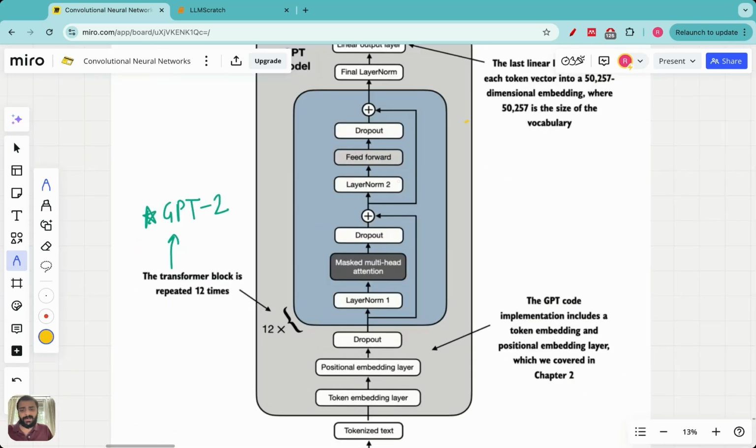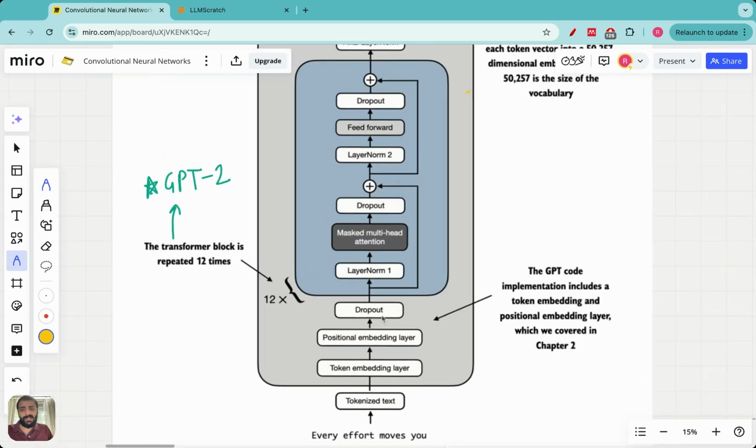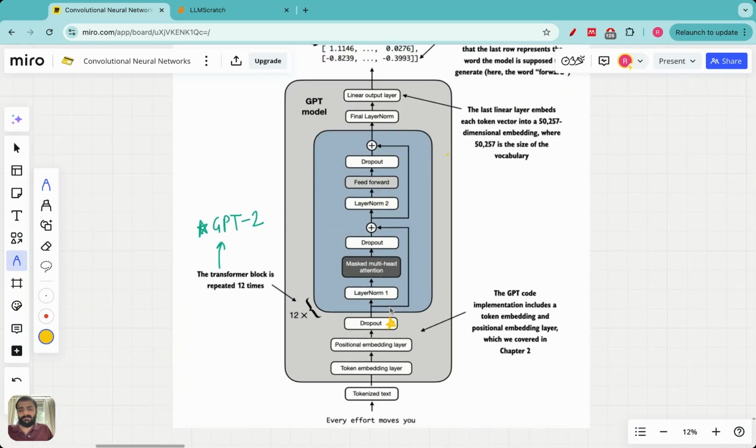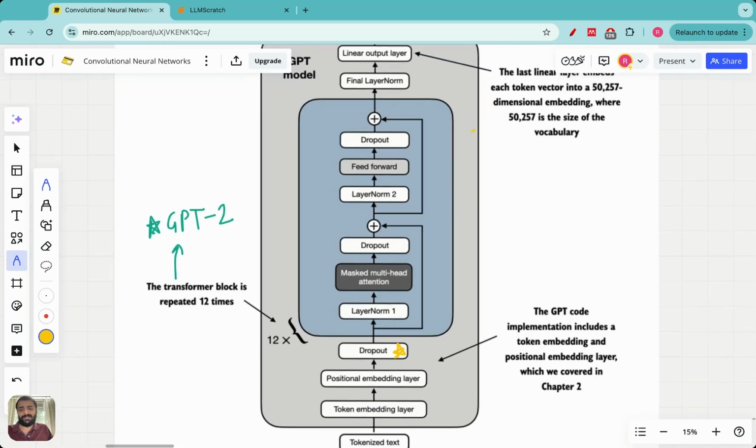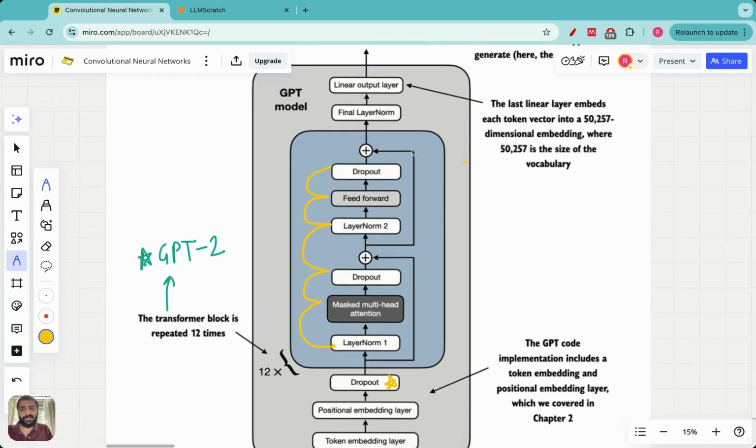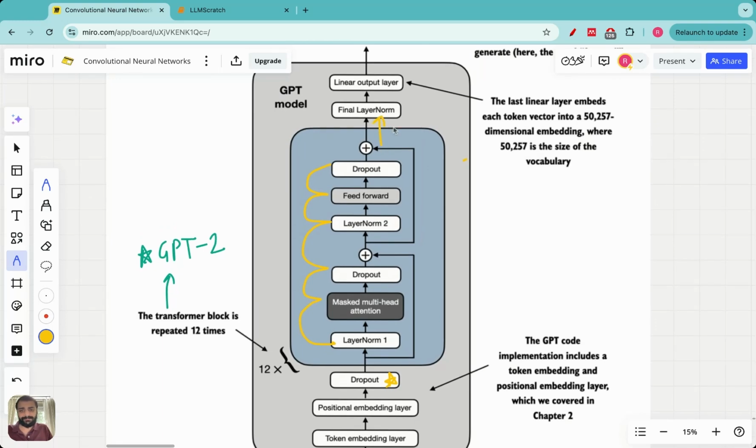We have text which gets tokenized. We have the dropout layer, and then the input embeddings are passed to this blue colored block, which is called the transformer block. In the previous lecture, we coded all of these individual elements, which I'm marking in yellow right now, and saw how to stack them together so that we get the output.